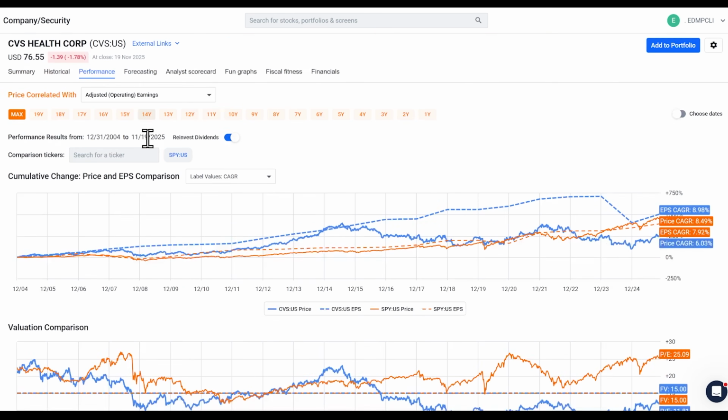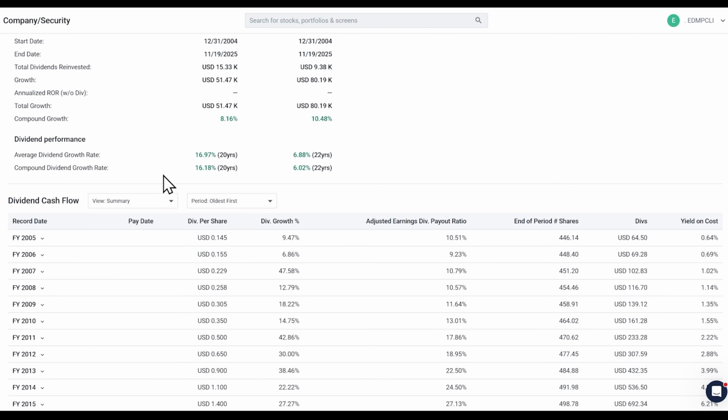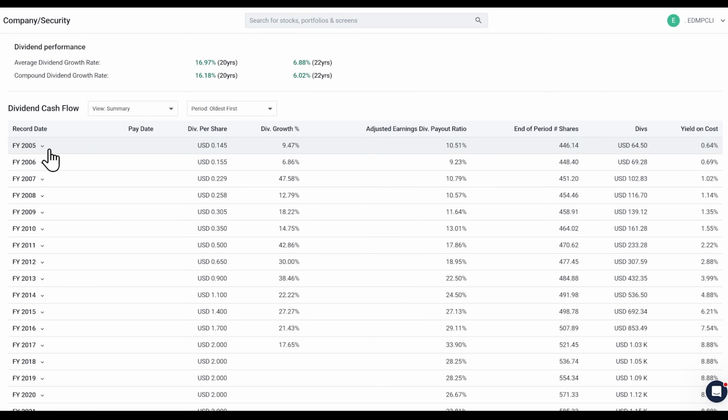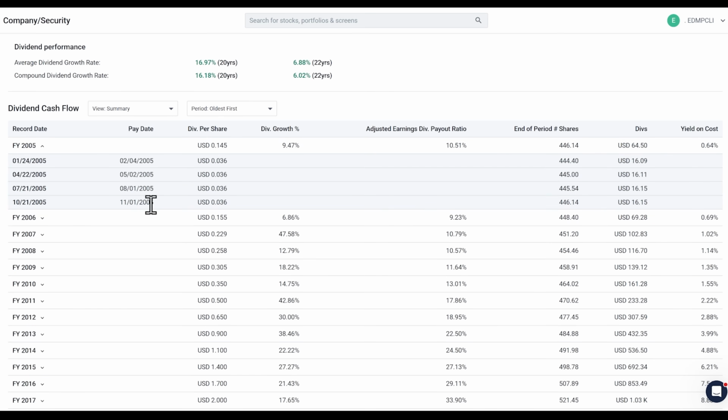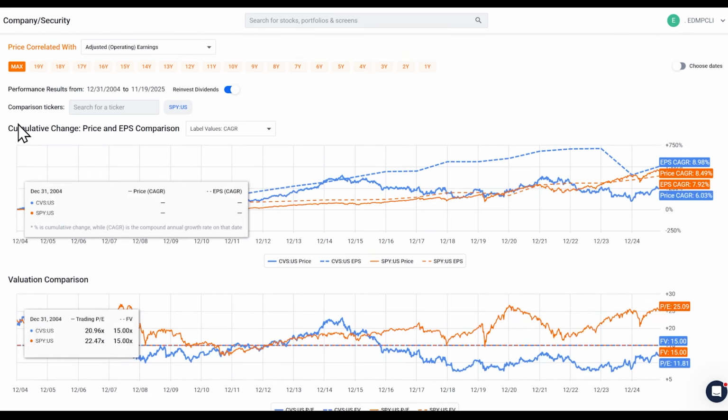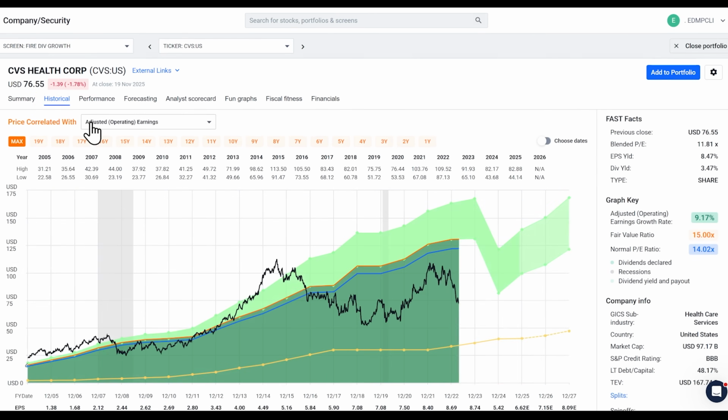By going to the performance report, I can look at 2025, and I can look at the granularity, and I can see that for 2025, the company actually paid 0.036 cents, and they're expected to pay 0.145 dividends per share for this fiscal year. I can look at that kind of thing and basically analyze whether or not I'm going to be interested.